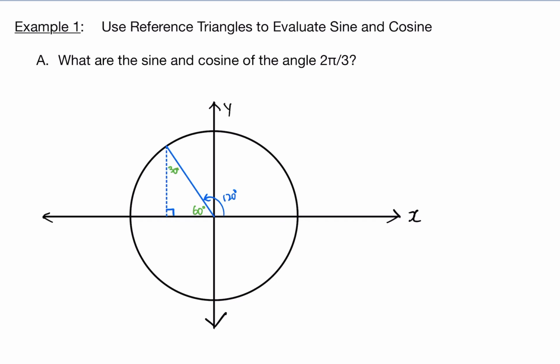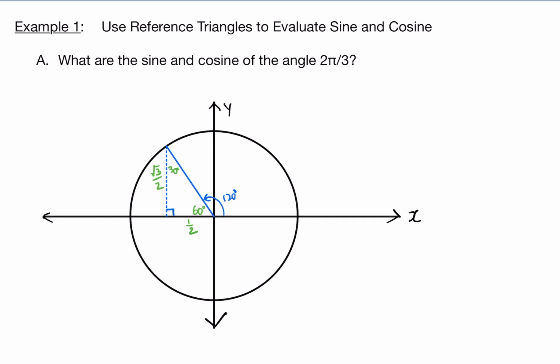Okay, now in a 30, 60, 90 triangle, we know that the side opposite the 30-degree angle is going to be 1/2. And the side opposite the 60-degree angle is going to be square root of 3 over 2.